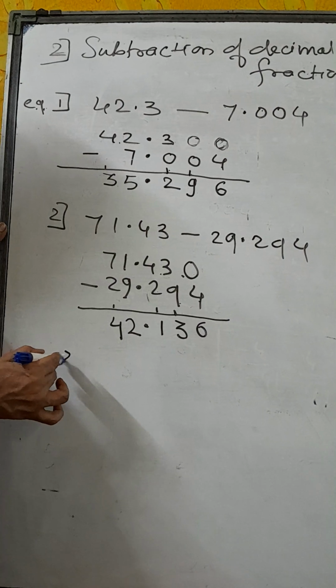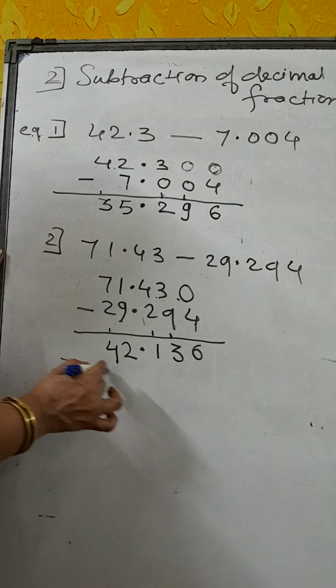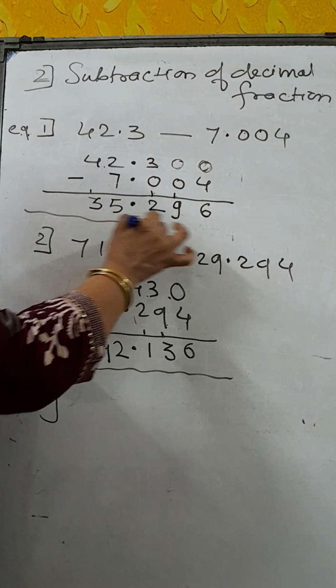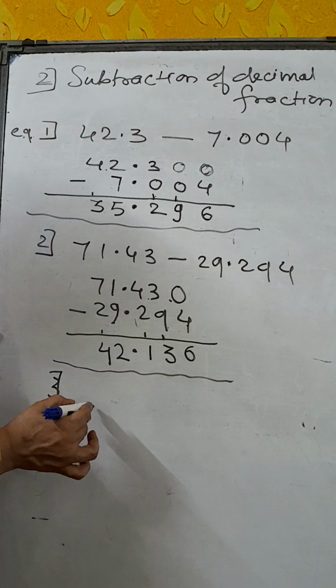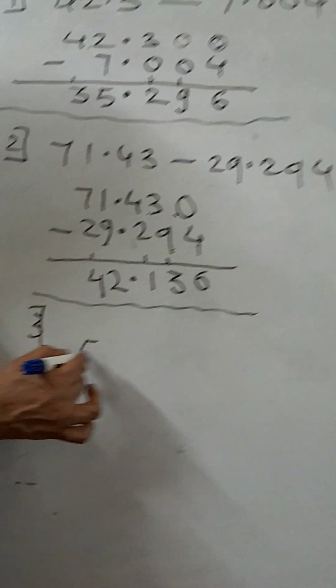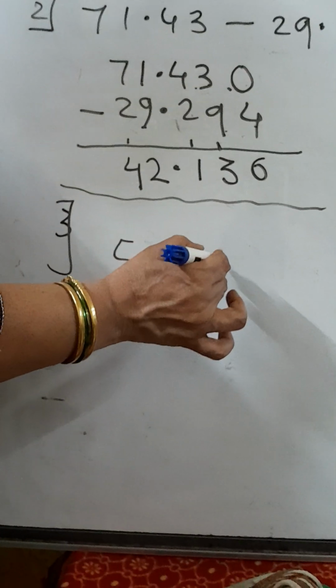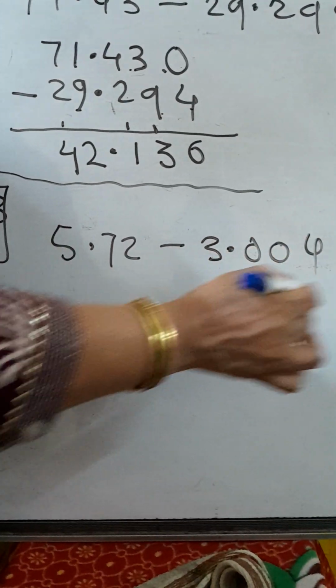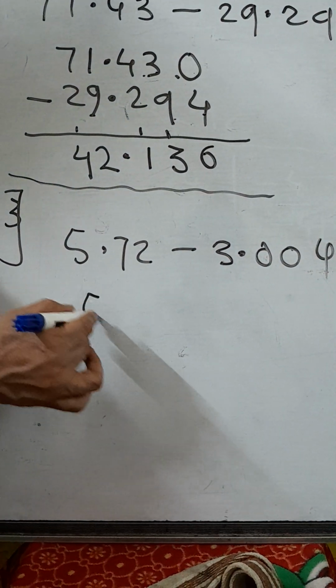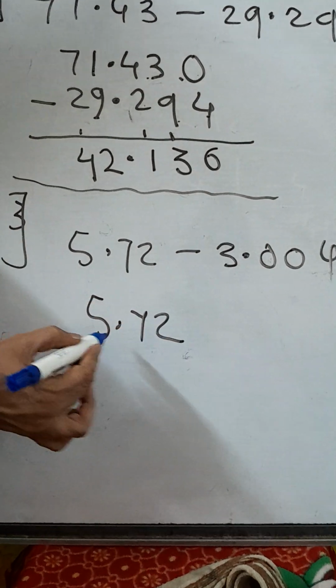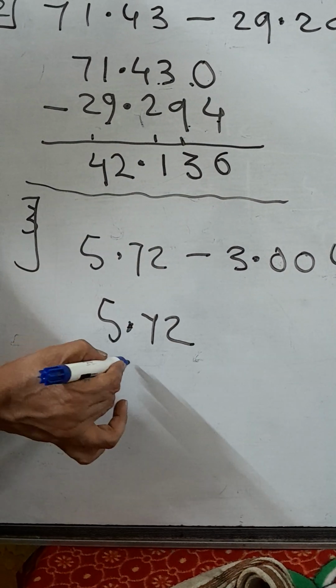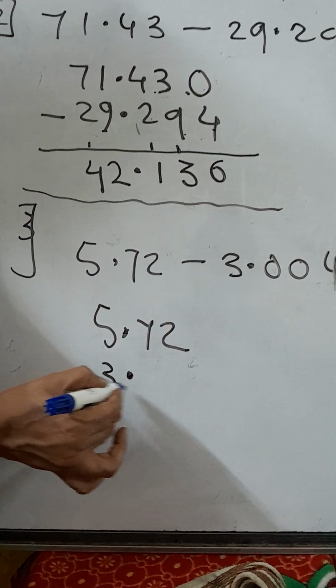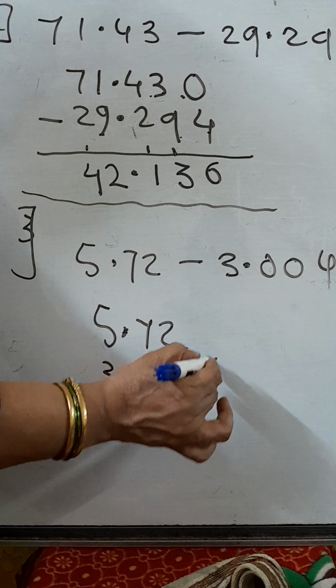One more example for subtraction. Subtraction needs more examples. Okay. What is next? One more example. 5.72 minus 3.004. 5.72 as usual, below the decimal, 3.004.